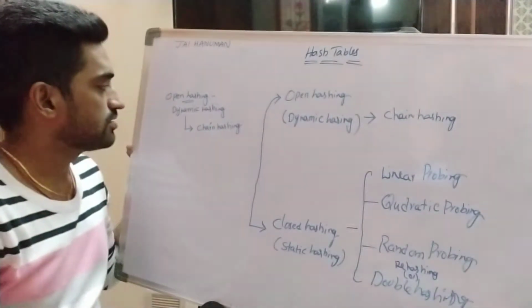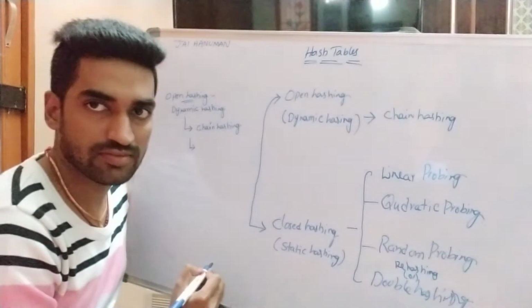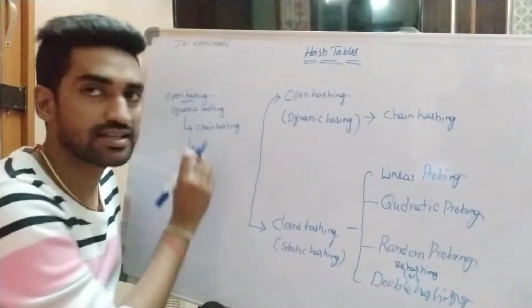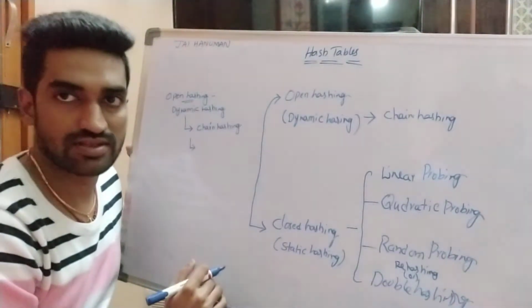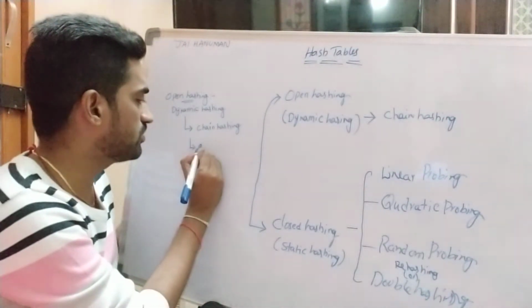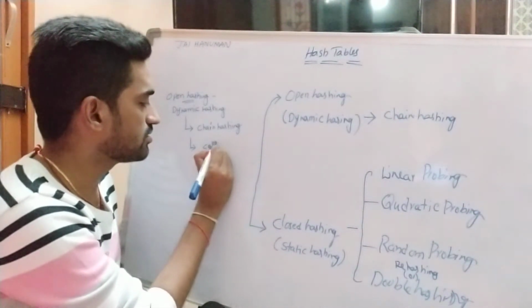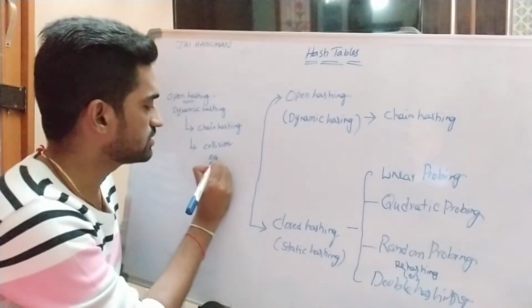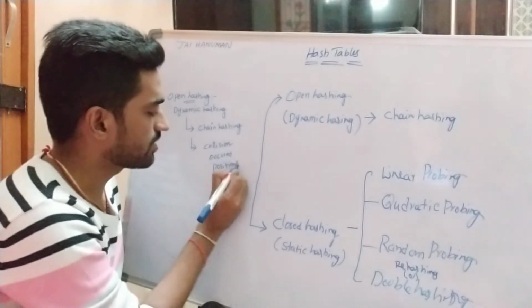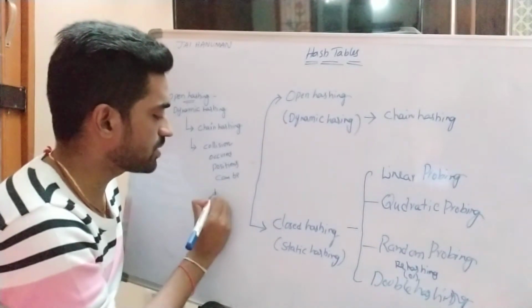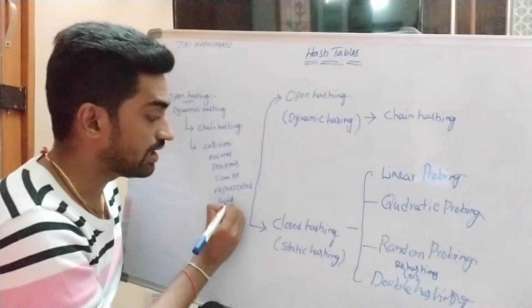In chain hashing, when a collision occurs, one rule is used: the collision-occurred positions can be represented with the help of a linked list.